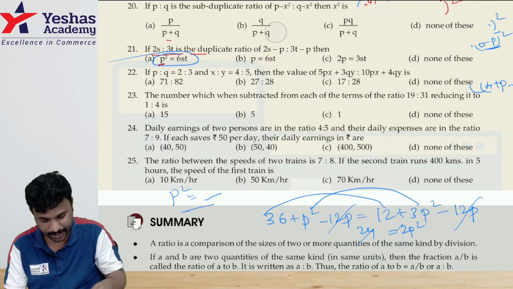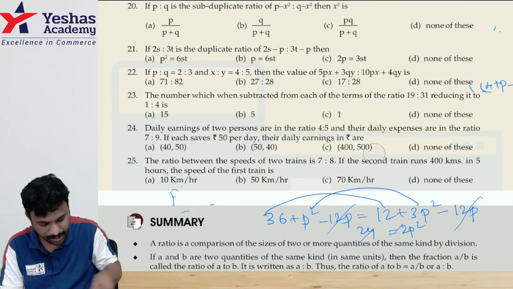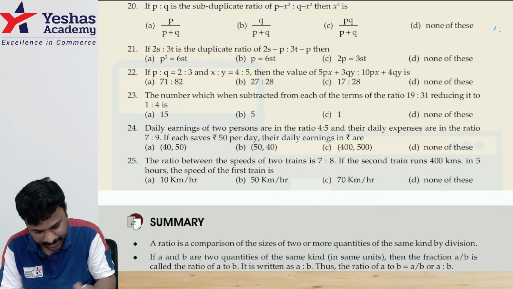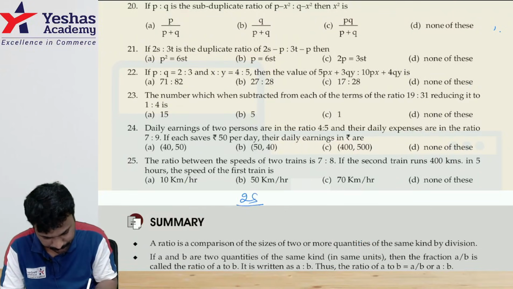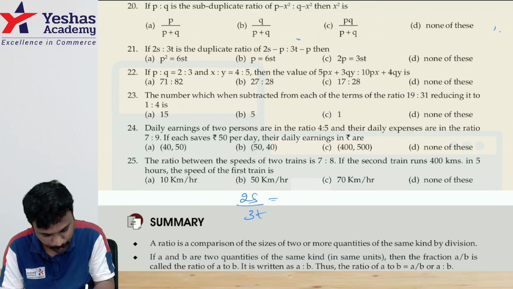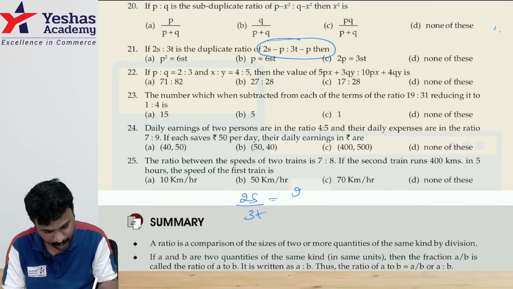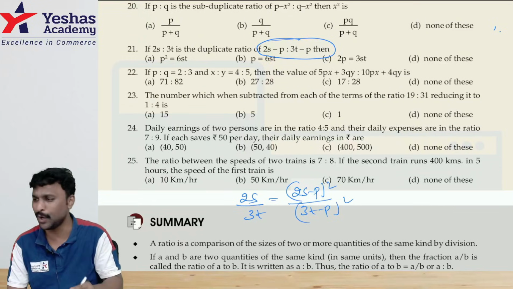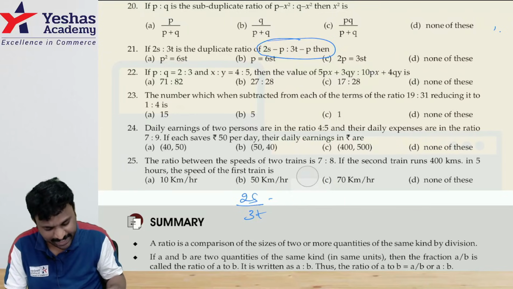All right, so let us see this question all over again. Guys, what is the question? Basically, they are saying that 2s by 3t is a duplicate ratio of this. That means (2s minus p) the whole square divided by (3t minus p) the whole square. You know it is the whole square, so avoid writing that step.